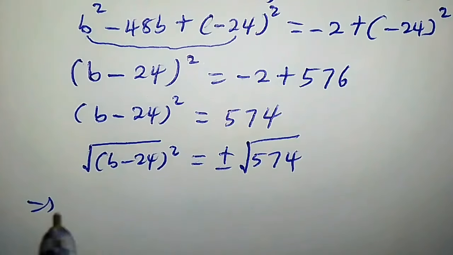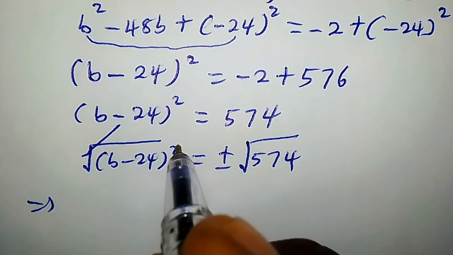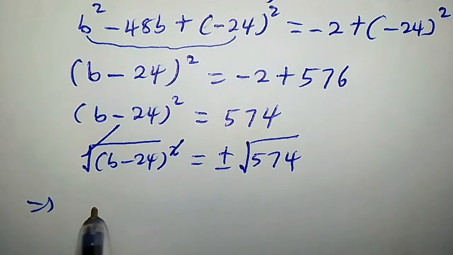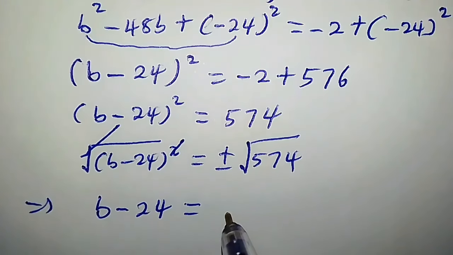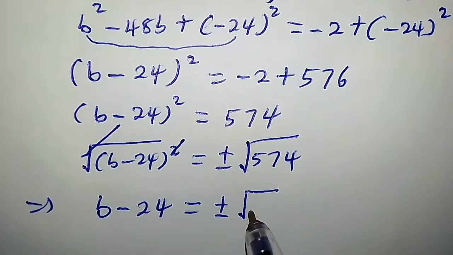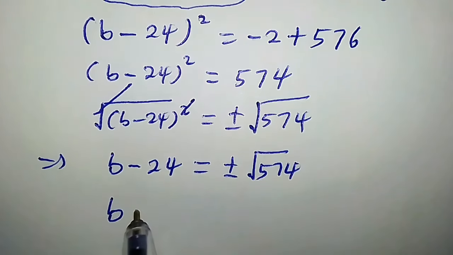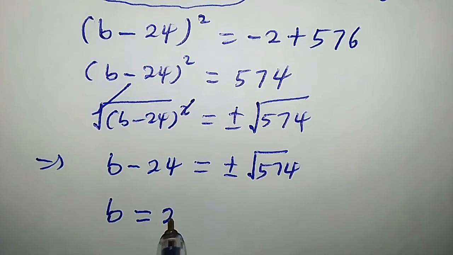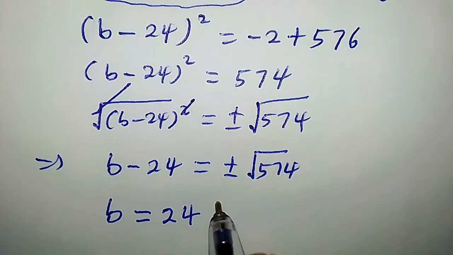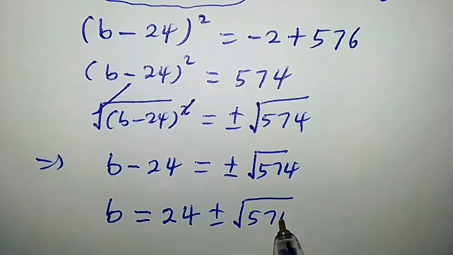This means that clearly this bigger square root cancels out this power. We have b minus 24 equal to plus or minus square root of 574. So b is equal to, moving minus 24 to the right hand side, that becomes positive 24 plus or minus square root of 574.